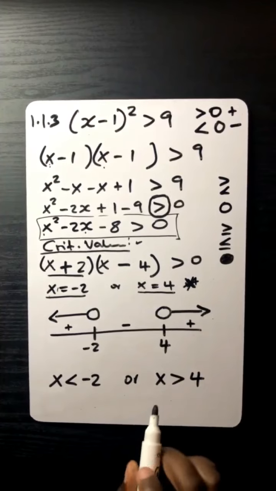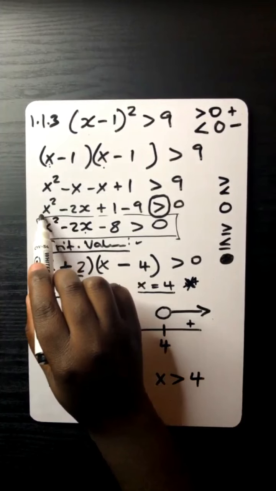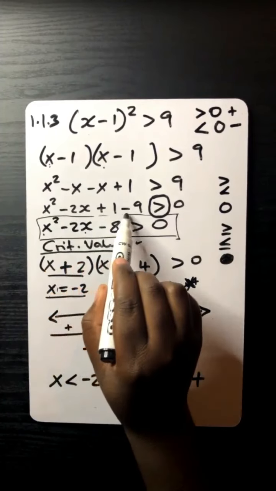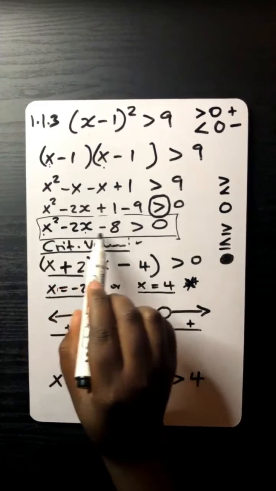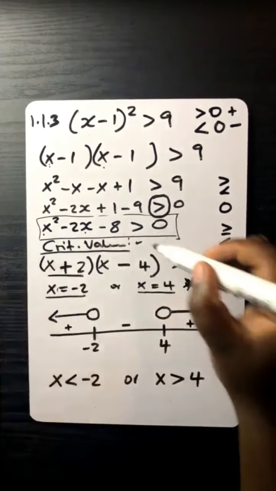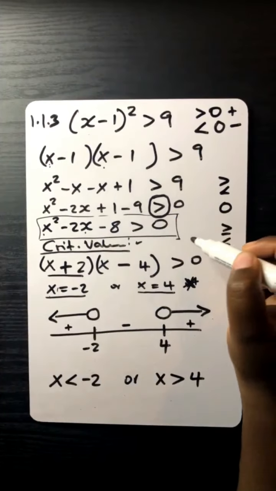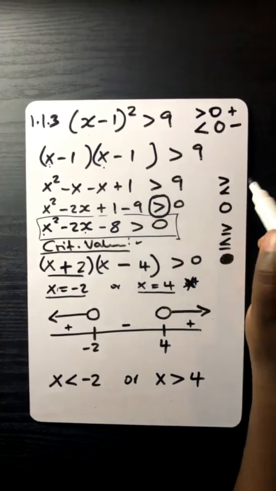So this means they're asking you for which values of x, when substituted there on the quadratic inequality which is in the standard form, you get values which are greater than 0. So it's more like they're saying values which are positive.